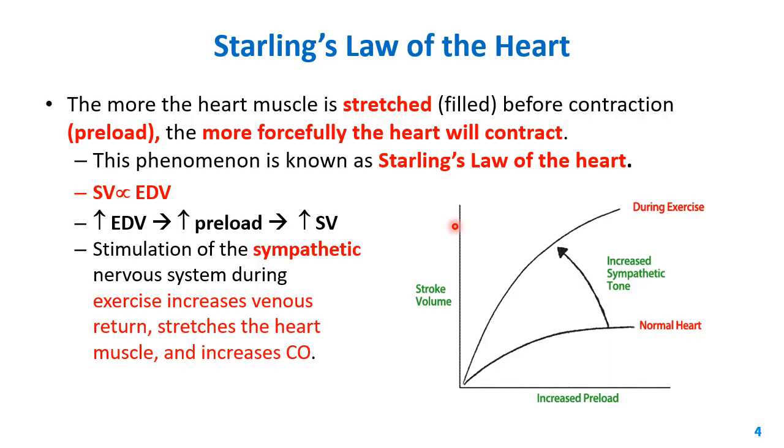Here you see this graph showing the stroke volume proportional to your preload. So the more preload you have, the more stroke volume you're going to have.